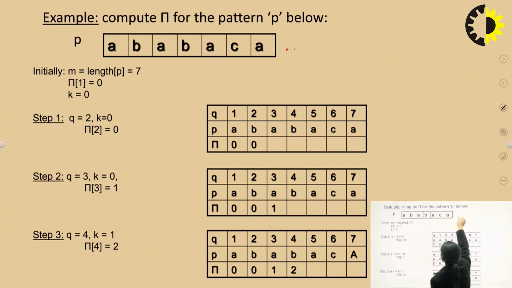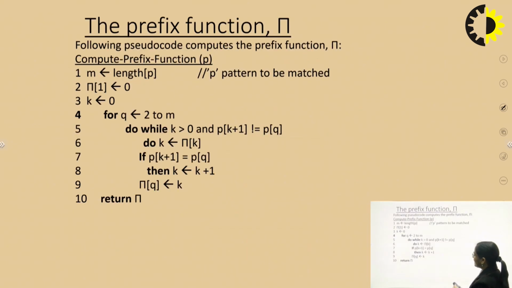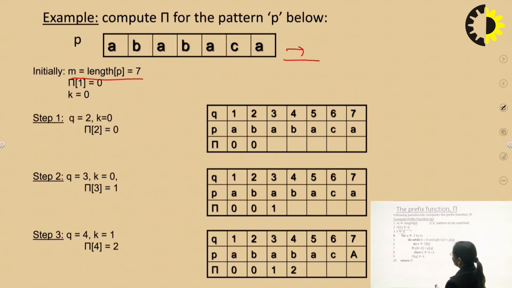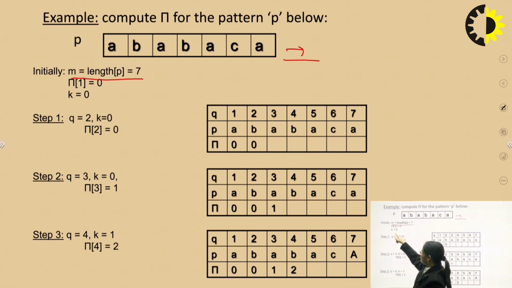Okay, 7 is the length of this pattern. So initially we put m equal to length of P equal to 7. And the second step of this algorithm is we put the value of pi1 equal to 0, and k equal to 0. These are the initialization of the algorithm.